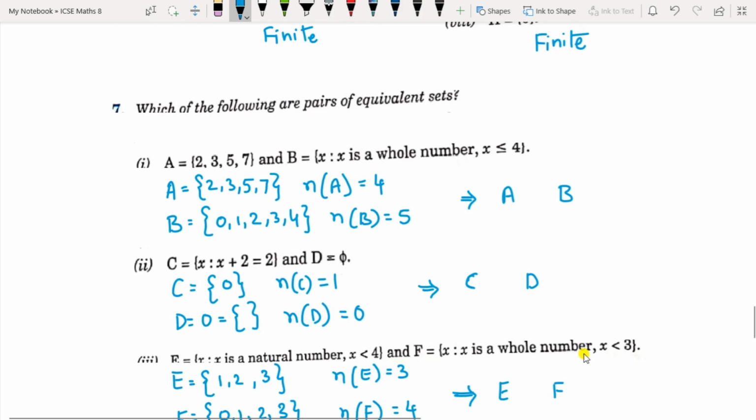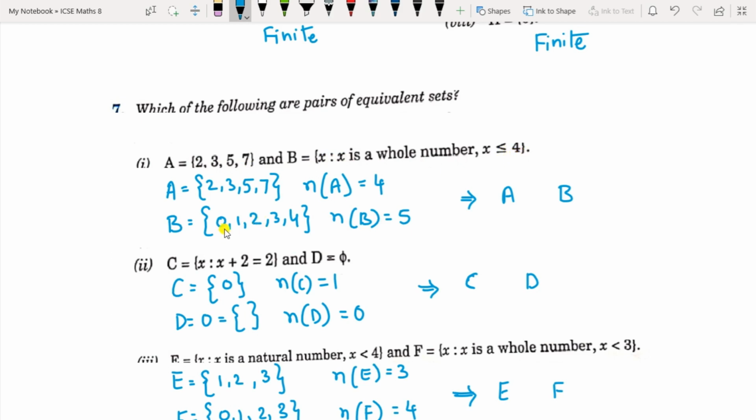Next question. Question number 7. Which of the following pairs are equivalent sets? You have to see which of the following pairs are equivalent sets. So see here, A is 2, 3, 5, 7 and B is given as x such that x is a whole number and x is less than or equal to 4.